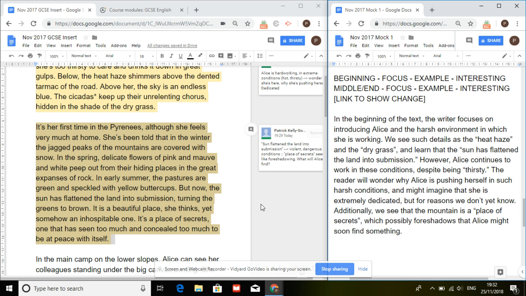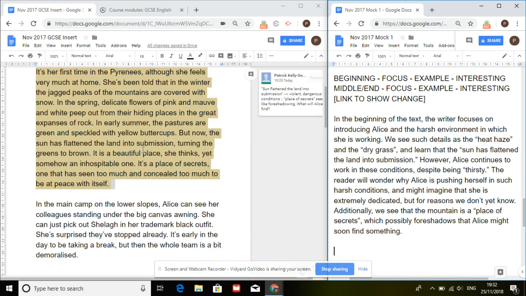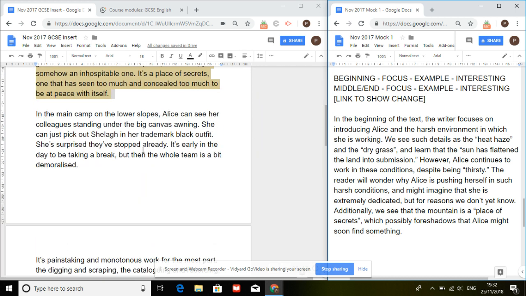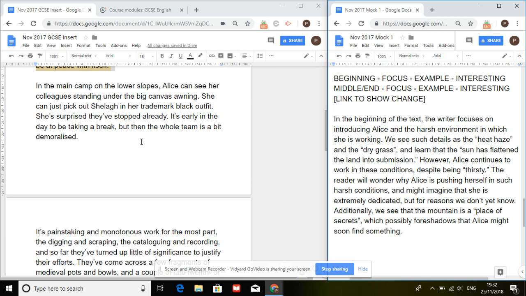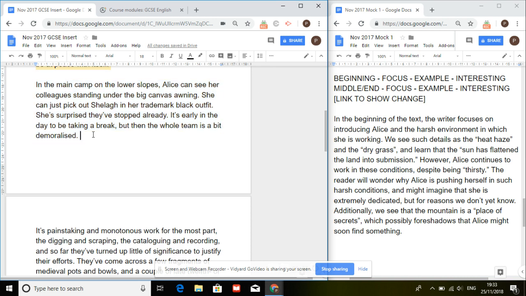Okay, so that's what I think about the beginning of this. Now I need to talk about something that's happening later on. So I need to find something interesting, a big change in focus. Now here, Alice is looking at her colleagues down the mountain on the slopes, but I'm not sure if this is super interesting. I see that everyone else has given up. That might be interesting.